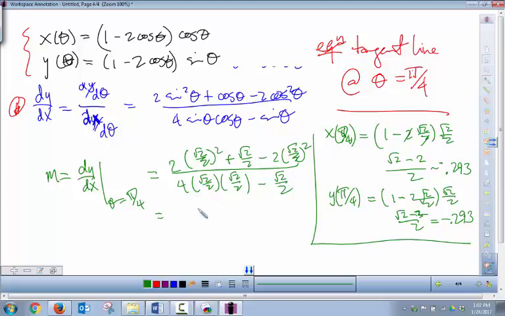So I'll simplify this if anybody wants to give an approximation. 4 times 1/2 is 2, 1/2 plus root 2 over 2, 1/2 minus 1. Is it negative 1?